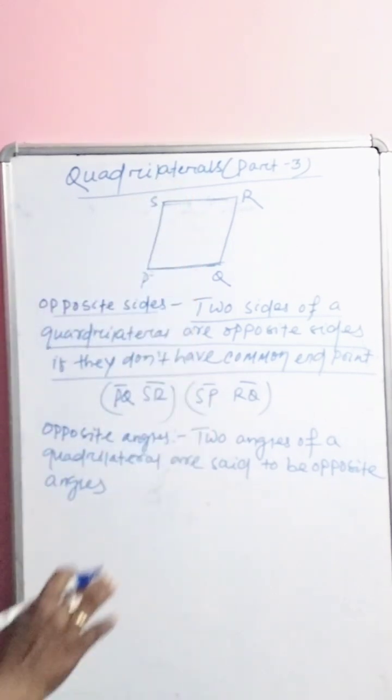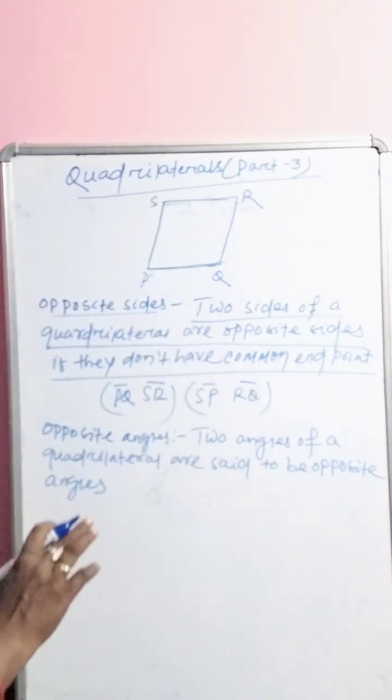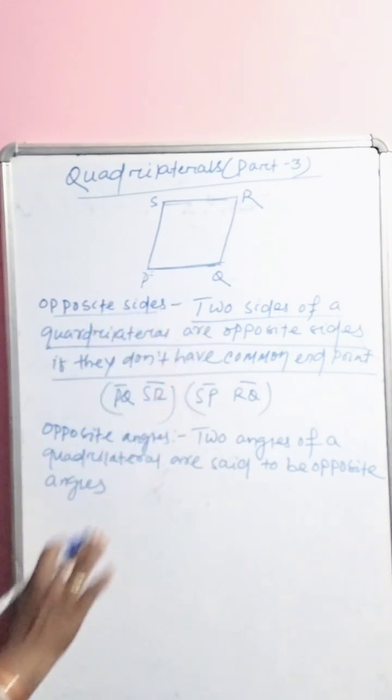Two angles of a quadrilateral are said to be opposite angles if they don't have a common arm.